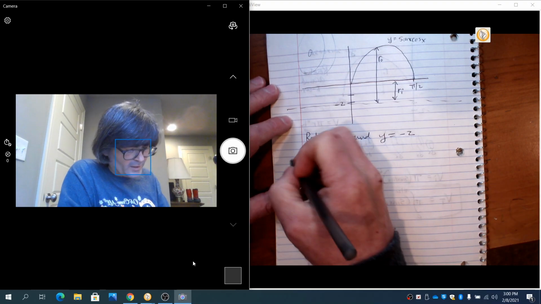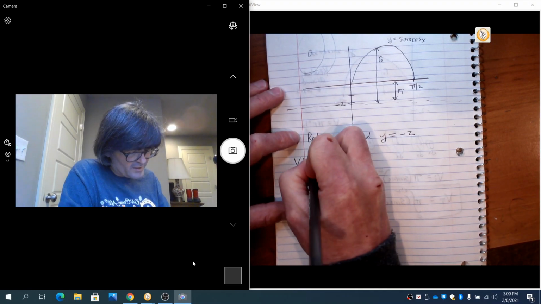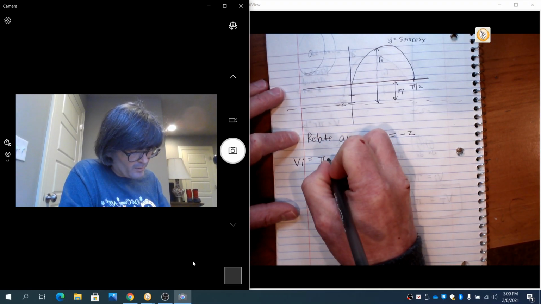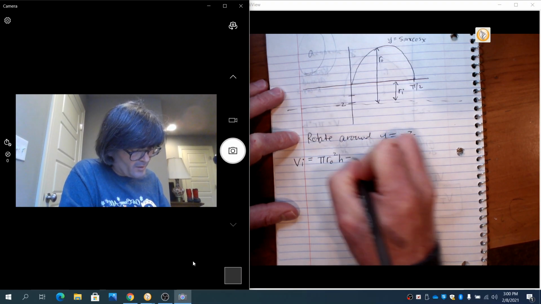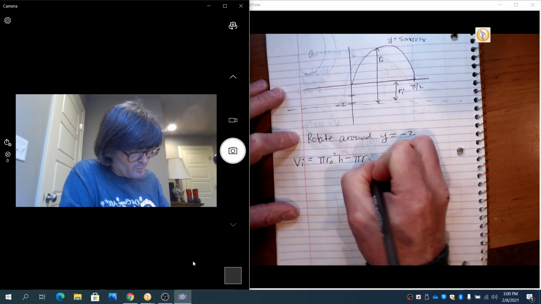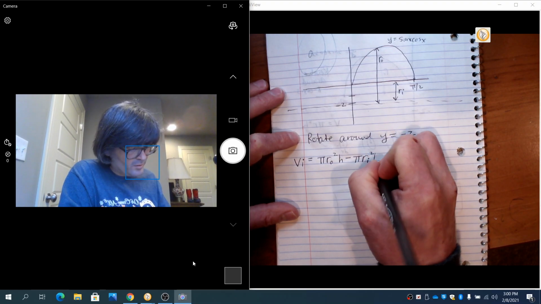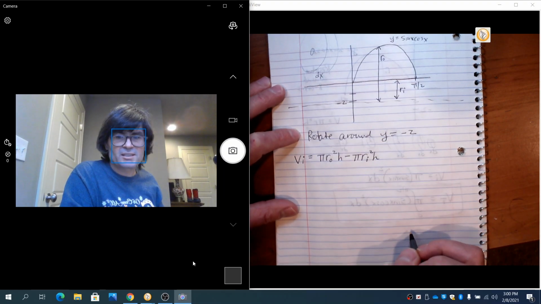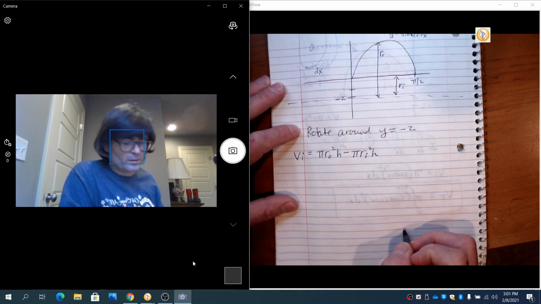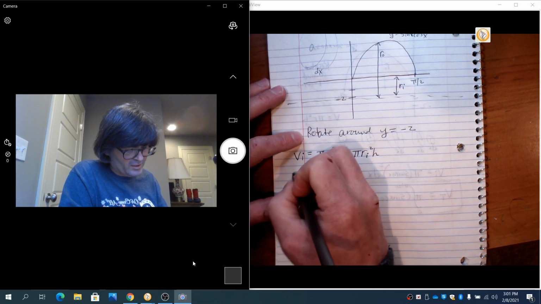And my logic is for a certain disk, it's going to be pi r outer squared times h minus pi r inner squared times h. The h is still dx. The thickness of all those disks is still dx. And so all you need to do is fill in the blanks.